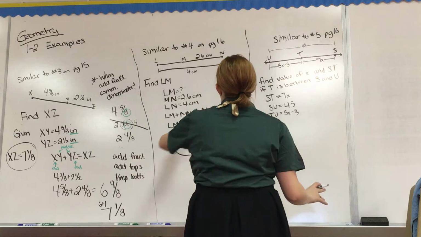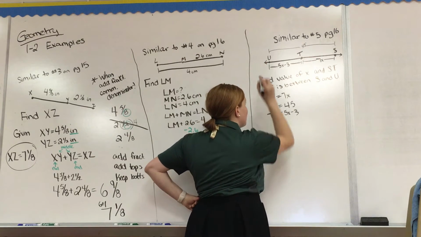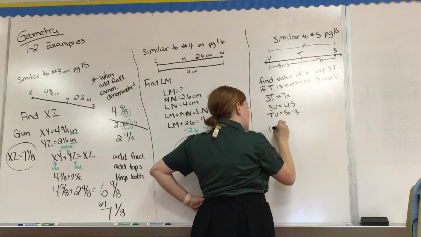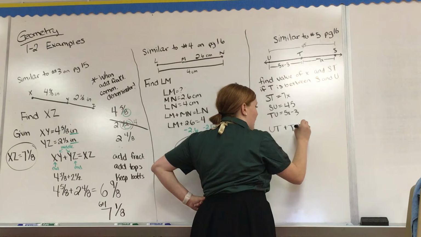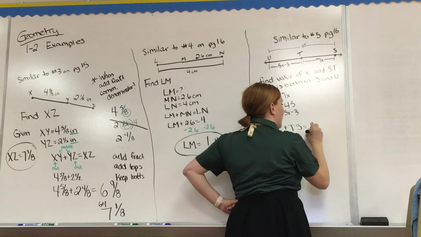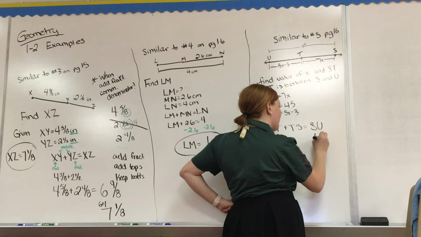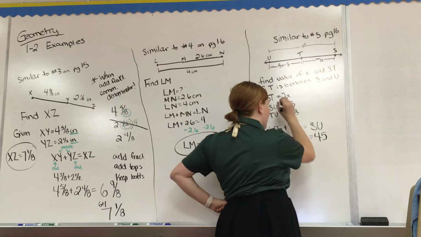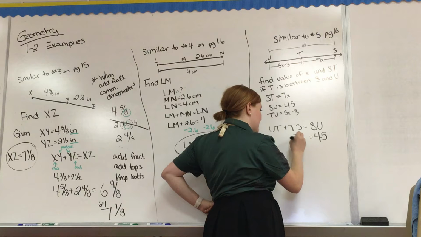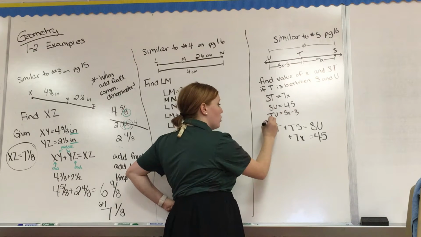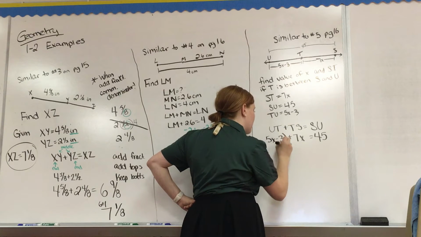So we're going to do this exactly the same, similar to these. We have the full length, which is SU, but the smaller parts are UT plus the other smaller part, TS, equals the full length, SU. Plug and chug. SU equals 45, get that from up there. ST or TS is 7x. UT or TU is 5x minus 3.